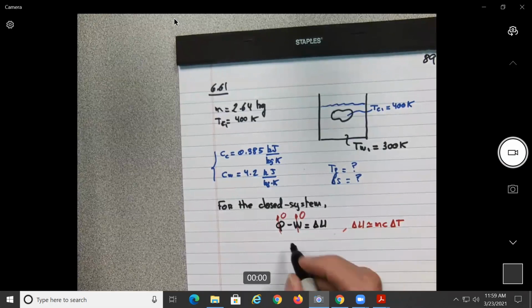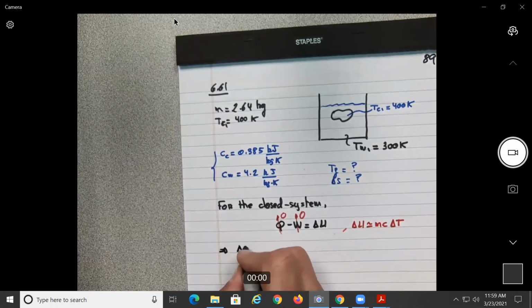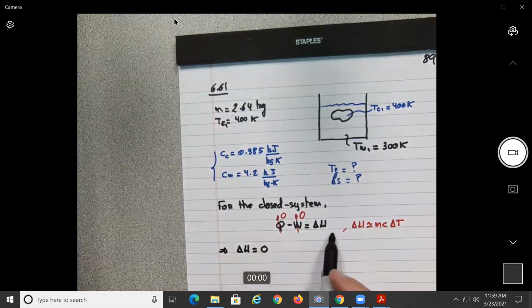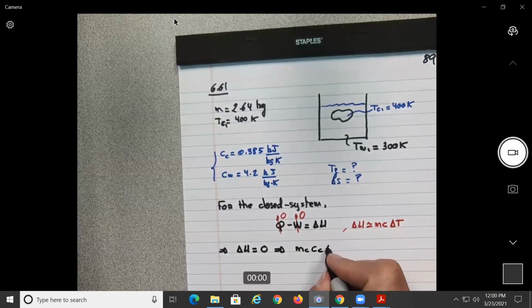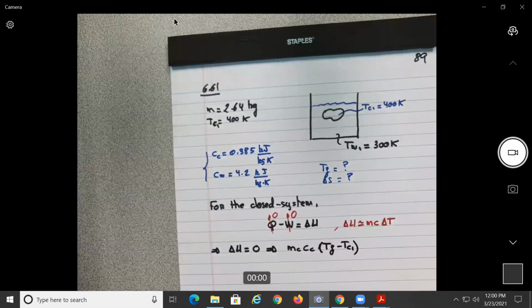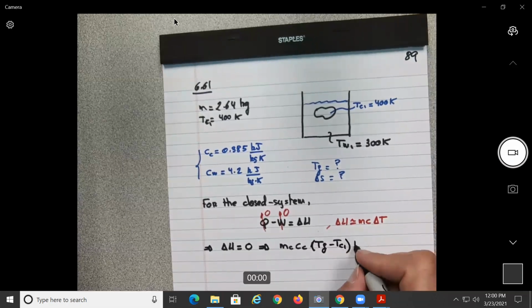Okay, so really this equation here gives us that the total change in internal energy is 0, but now if we develop that for each substance, what are we going to have? M copper, C copper, T final minus T copper initial, plus M water.